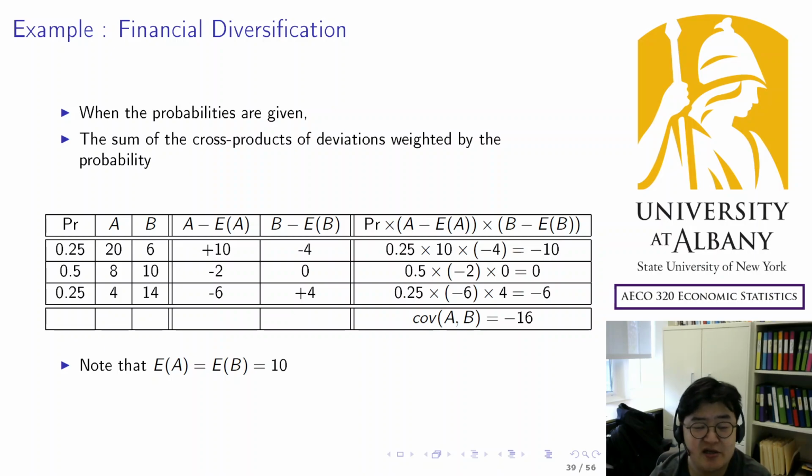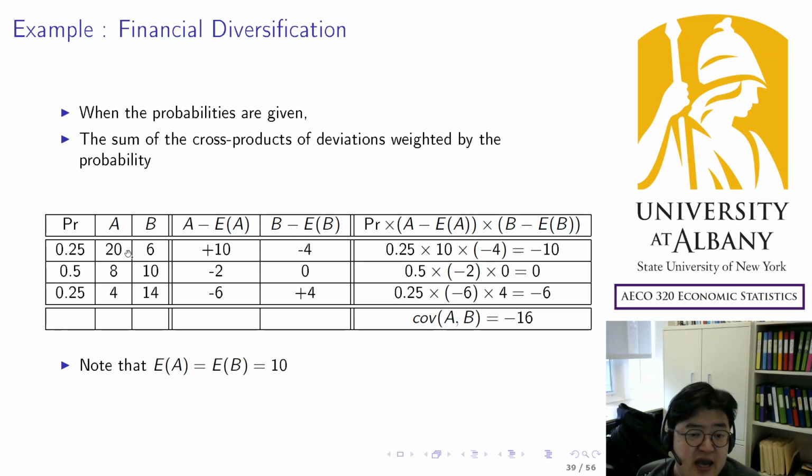So this is slightly different from what we have done earlier, because earlier we started from raw data. When you have raw data, you calculate the sample average, but now you have probability. So when you have probability, you are calculating the sum of cross products of deviations weighted by the probability. Okay, let me explain. The idea is the same as when you calculate the expectation of variance.